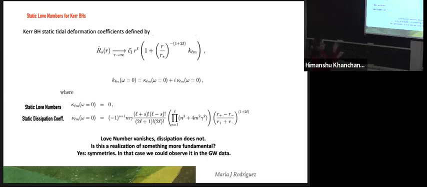There is some tidal coefficient that becomes non-zero, but it is purely imaginary. So there is something that is not 0, but this is not the part that is going to be in this love number vanishing problem that Sergey and other groups have worked on. So the question was, is there something more fundamental?